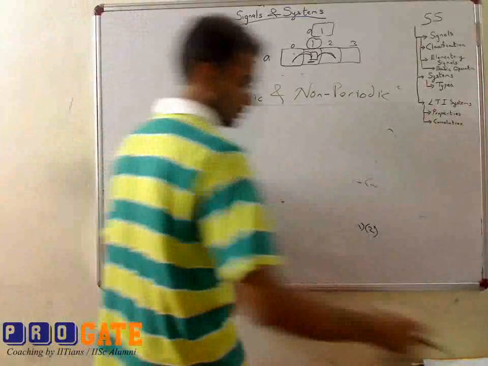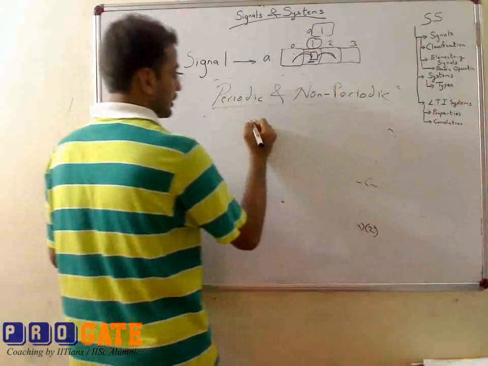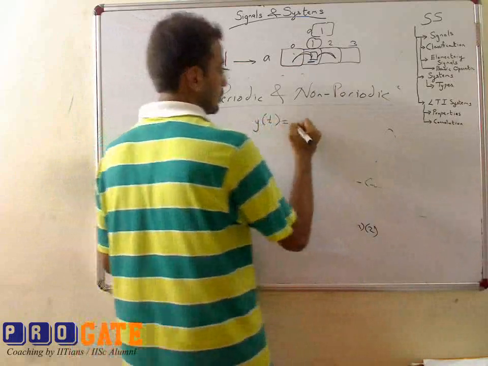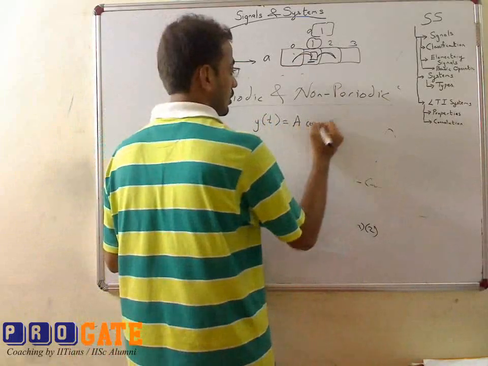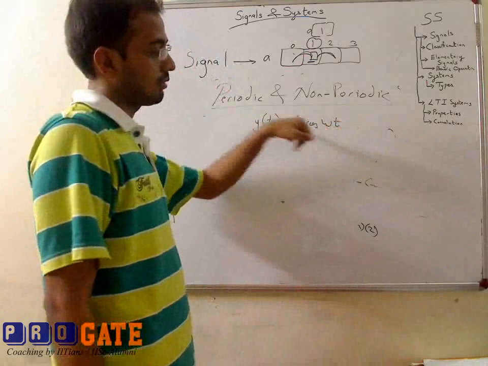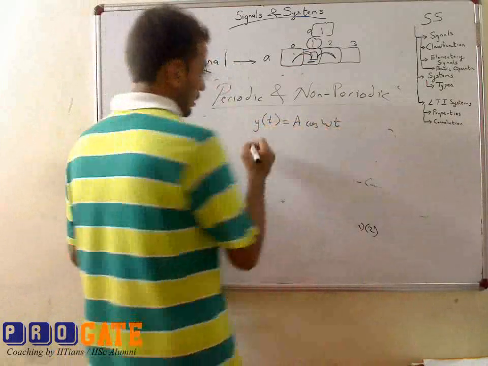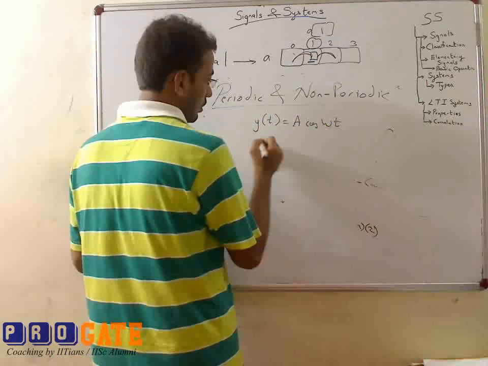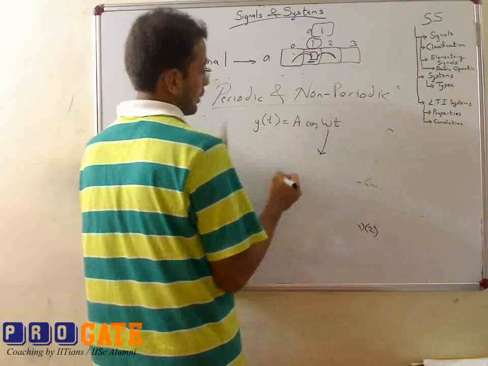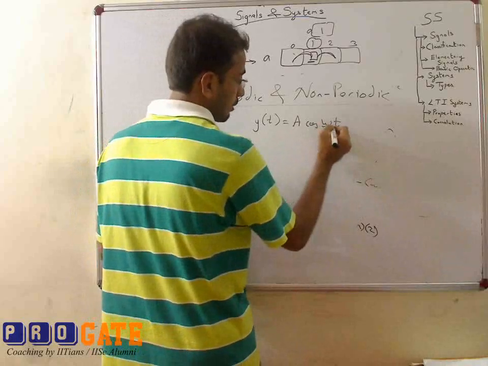Now, if you consider an equation like y(t) equal to A cos omega t, this is a cosine wave with amplitude A. How do I find the period for this?